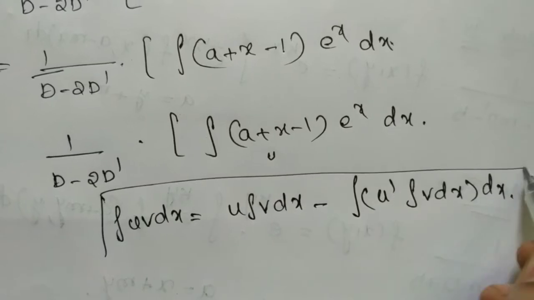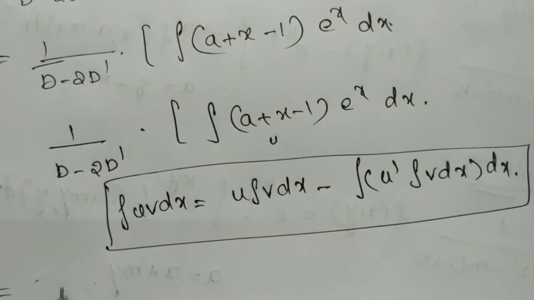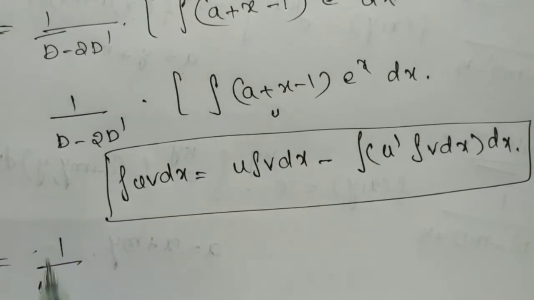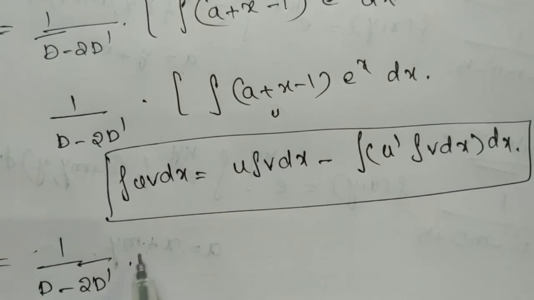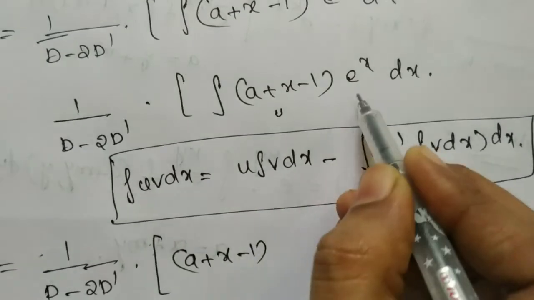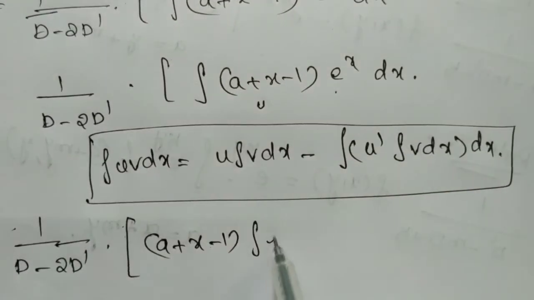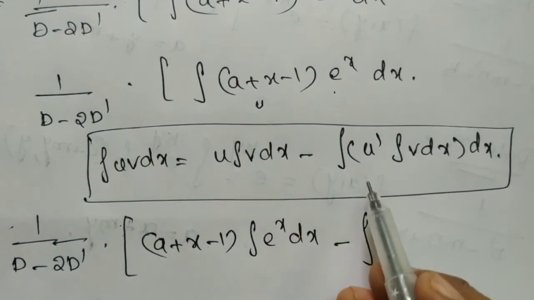So we get 1 by D minus 2D dash into u, that is a plus x minus 1, into the integration of e power x, minus the integration of u dash.